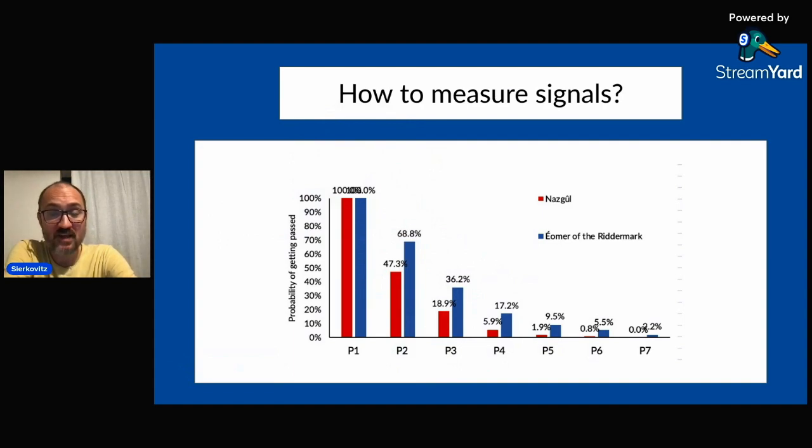So a smaller signal. At pick 4, 6% of Nazgul only, so 94% are gone. So if you see a Nazgul, then you're just like, yep, that's a lottery ticket for me. Either people next to me don't know what they're doing, or they're not in black at all. I can imagine that happening.